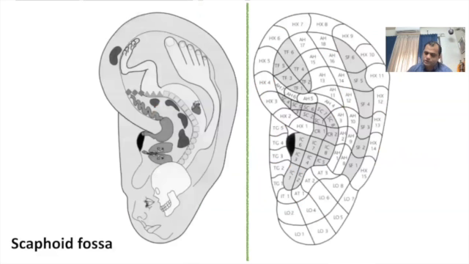So we can see here, this line is the combination of Scaphoid Fossa 1, Scaphoid Fossa 2, Scaphoid Fossa 3, 4, 5 and 6, and we are making the combination of these all. हम जब इन सबको कंबाइन कर देते हैं तो ये हमारी rheumatism line या चिकनगुनिया line बन जाती है.